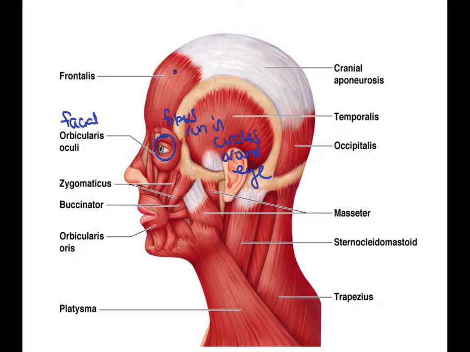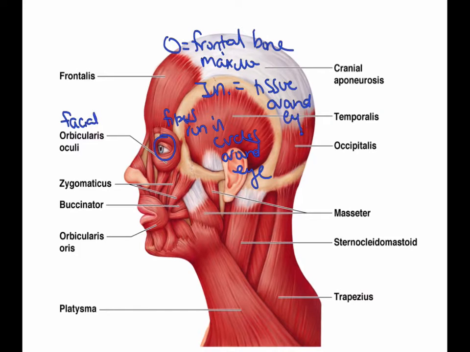The origins include the frontal bone, so the frontal bone, and also the maxilla are included. And then the insertion include the tissues that are around the eye, and the function or the primary action is that it'll blink and close the eye.